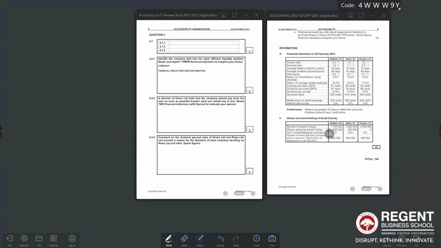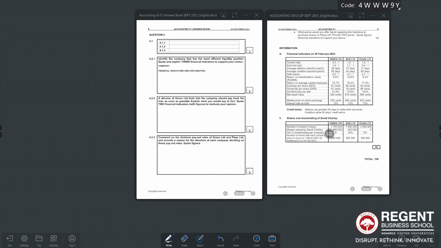And therefore, if I have to comment on the dividend payout rate of Green Limited and Plaza, provide a reason for the directors. So Plaza's directors are trying to keep the shareholders happy. They're trying to keep the price of the share on the JSE at a higher rate, basically. They're trying to improve the price of the share on the JSE, because yes, they are declining in profitability. Plaza's retail income will decrease, but that of Green Limited is improving.